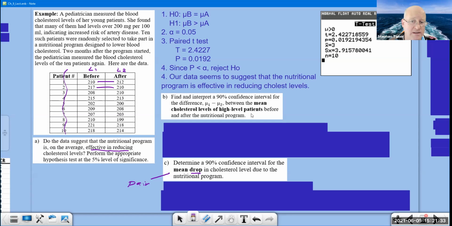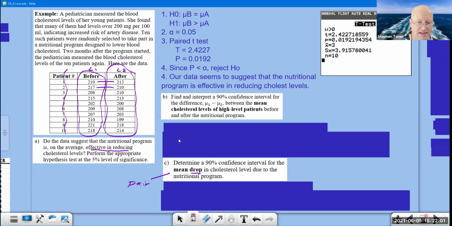Because we're dealing with a mean drop, that's the one that's going to involve the pairing. Whereas the mean cholesterol levels before and after just says compare the mean of the before group and the mean of the after group, and we're going to use a 2-sample t interval, although technically that's not the right way to go, because the 2-sample t interval requires that your two populations are independent of each other, and we know that these are not independent because we know where the data came from.